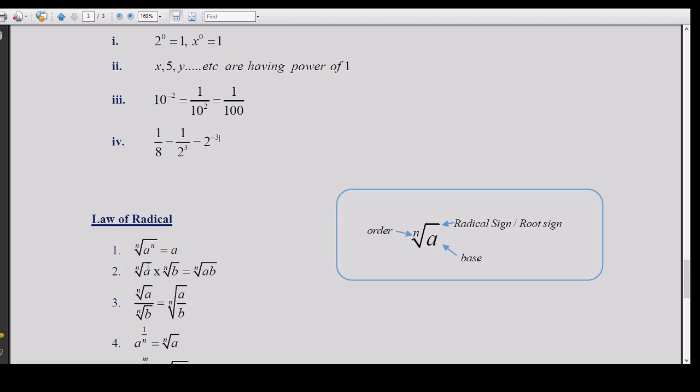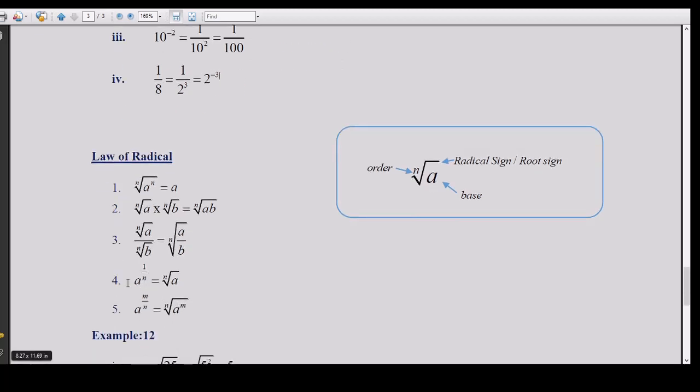If the order of the root is equal, then you can multiply those two roots together as the nth root of a multiply b. Remember that you cannot multiply if they have different orders. The nth root of a divided by the nth root of b you can write within the same radical sign as the nth root of a divided by b.